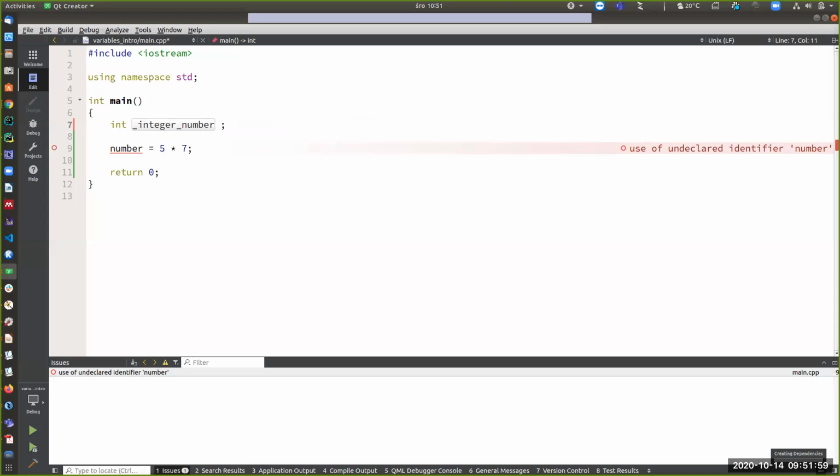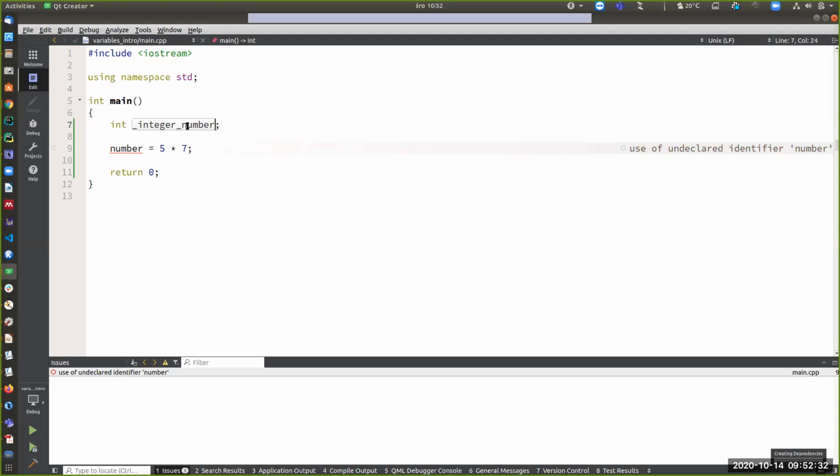In a variable name, you are not allowed to use parentheses, percent, double quotes, quotation marks, and so on. So usually we use letters, and we can also use numbers, but not as the first element in a variable name.